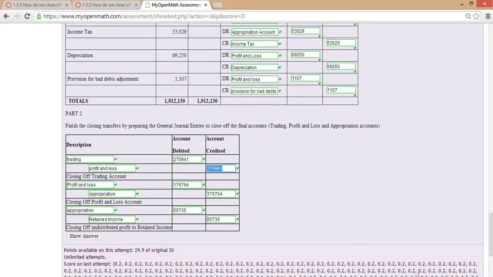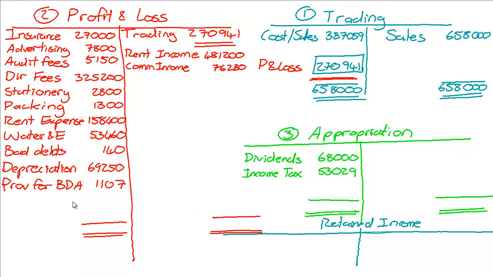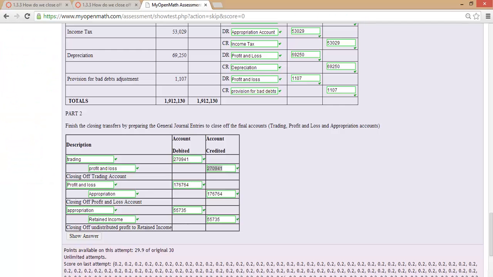Now we can do the same thing or apply the same principle to the profit and loss account. We're going to add up all of these debits and we're going to add up all of these credits. So let's start with our credits. If we add them up, 270,941.